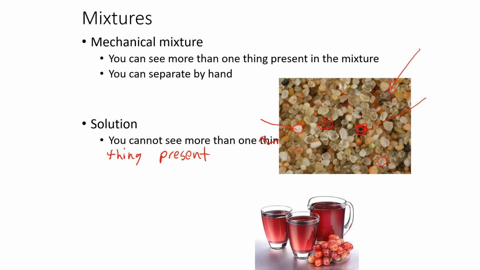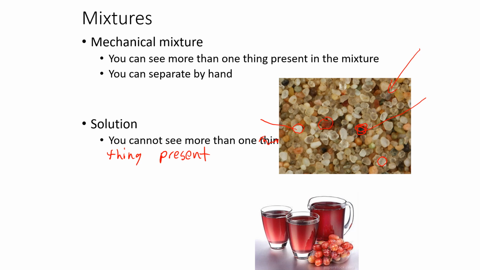Okay, you cannot see all the other things in there, but you know that grape juice contains water, it contains sugar, and then it contains other tannins from the grapes, and it contains a bunch of esters from the grapes as well. So there's lots of different things that are in grape juice, but when you look at it visually, you can only see one thing.